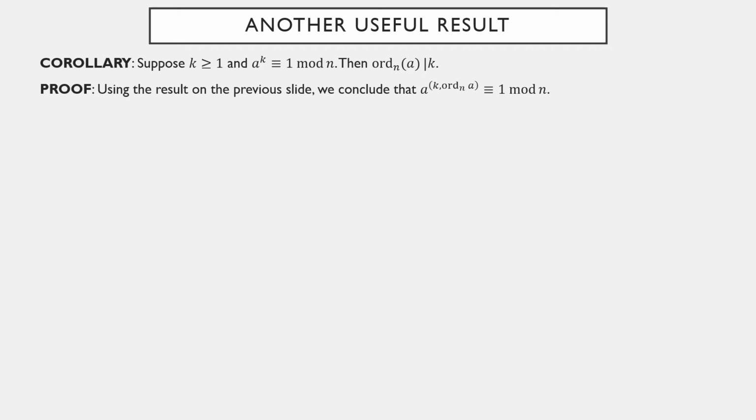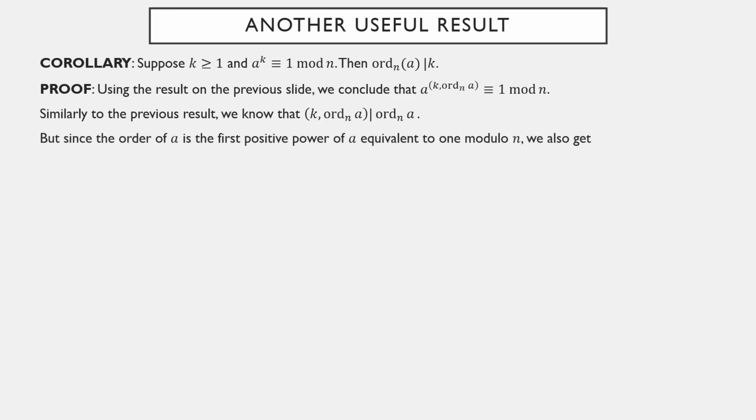Well, from the previous slide, if a to the k is equivalent to 1, and certainly a to its order is equivalent to 1, well then a raised to this greatest common factor is equivalent to 1. Of course, the greatest common factor of two numbers is a factor of each of them, so it's a factor of the order of a.